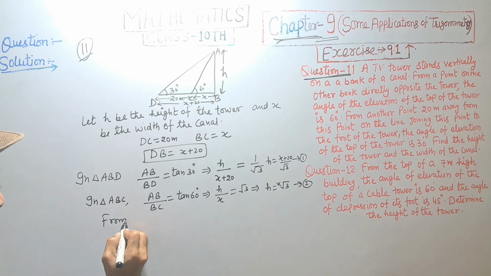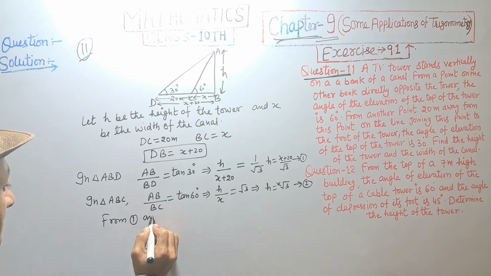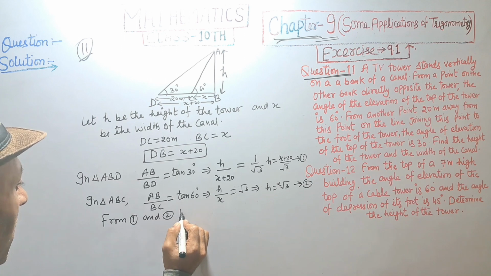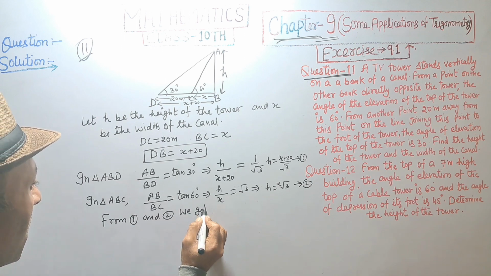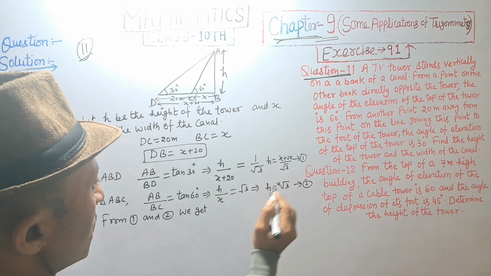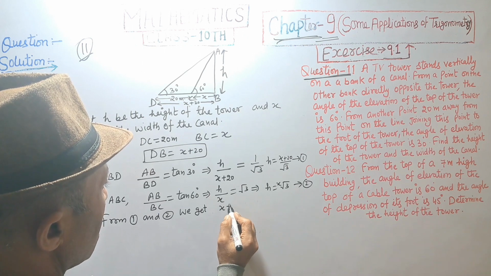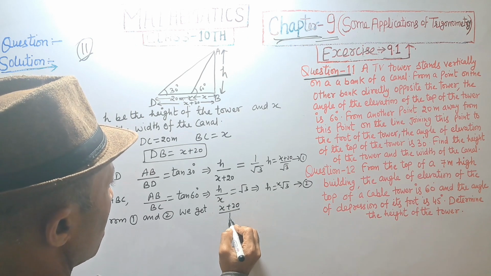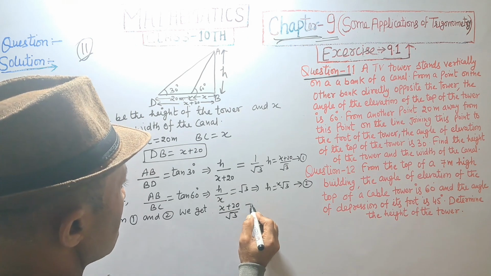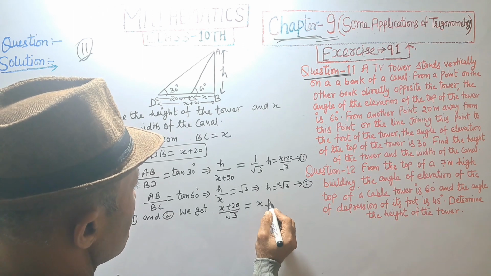From first and second we get, first equal to second: X plus 20 upon root 3 is equal to X root 3.